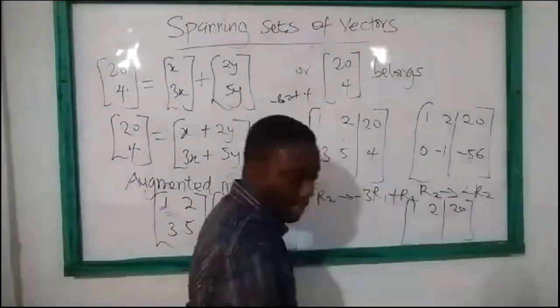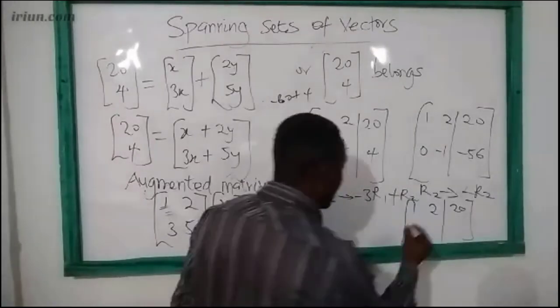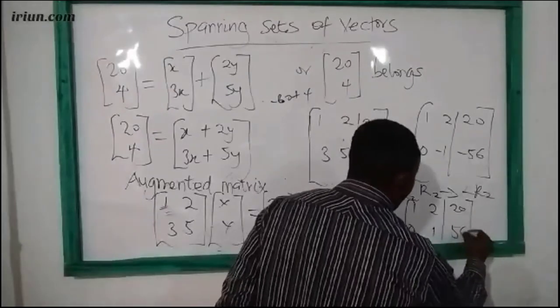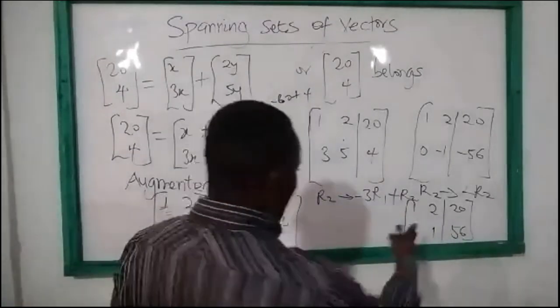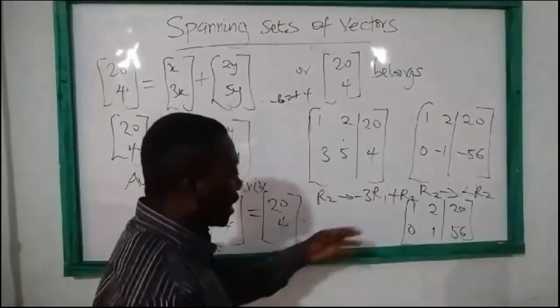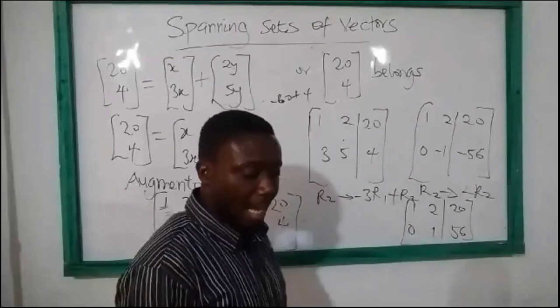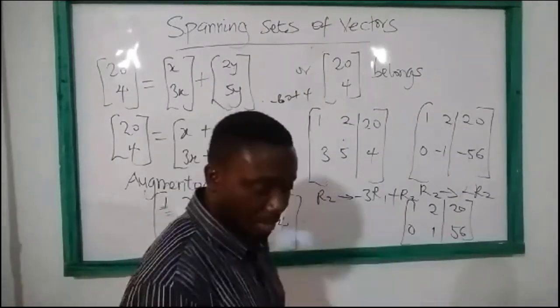From here, the 1 is not changing, still the same thing. We have the 20. Then we are negating row 2, so still 0, positive 1, and then you get 56. From here, you can decide to proceed to get the RREF, or you can apply the Gauss elimination.